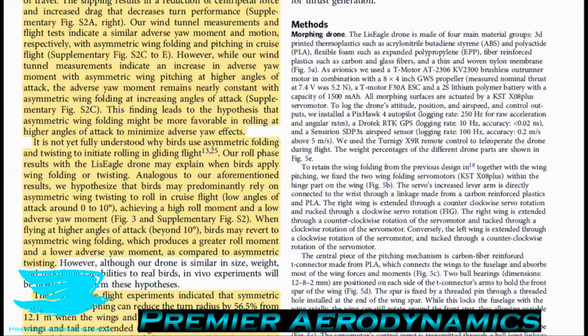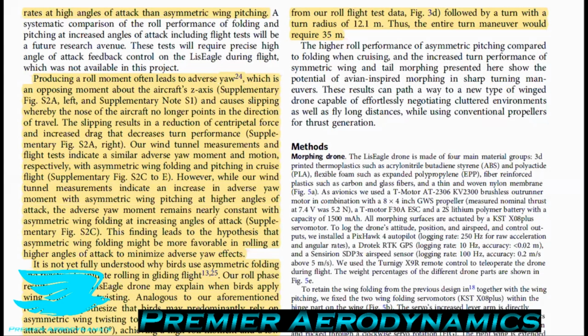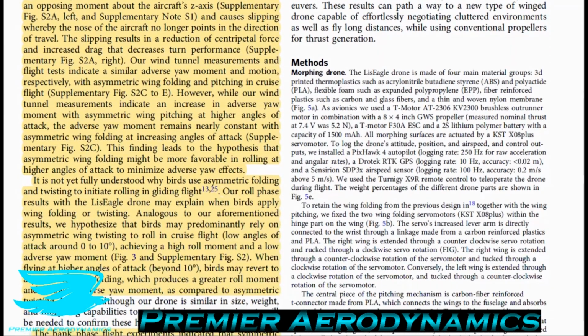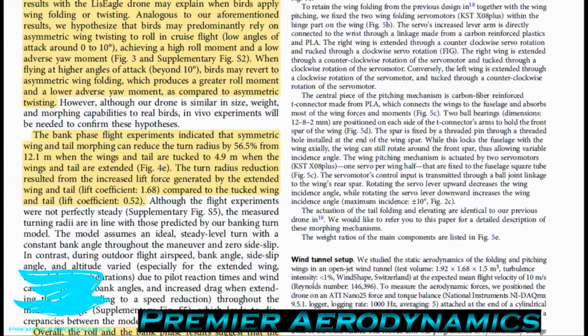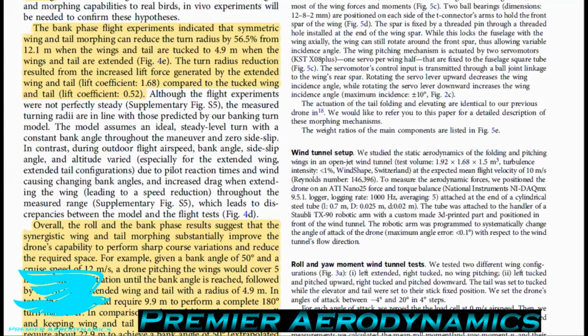And that's not all. It needs an additional 12.1 meters to complete the turn. So the entire 180-degree turn requires 35 meters. It's a lot more compared to the 9.9 meters if you were to use the other method of rolling. It's a huge difference.